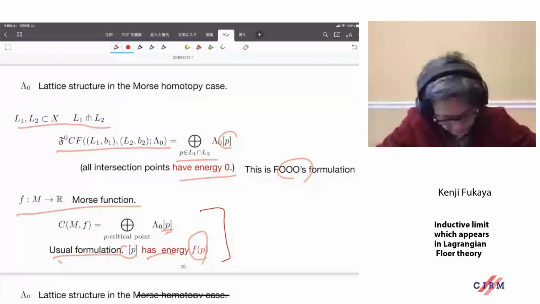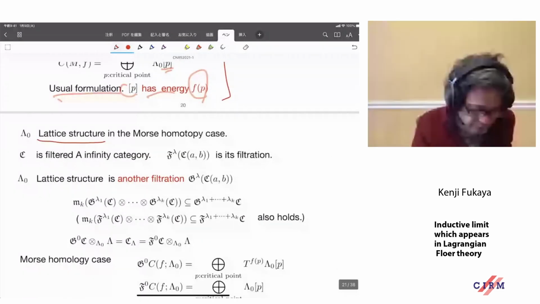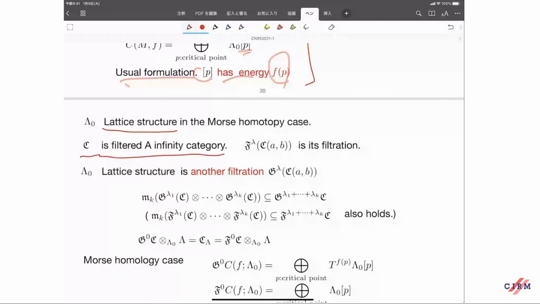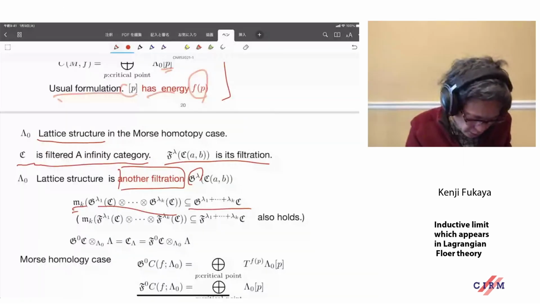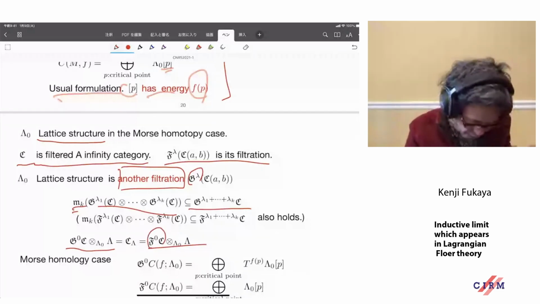So I just want to define the notion of lattice structure in a filtered infinity category. In a filtered infinity category, we have this energy filtration, so that all geometric generators have energy 0. But I want to introduce another filtration, which I want to call script G, so that all operations are preserved by the second filtration. And still, when you take this extension of the field from lambda 0 to lambda, for both generators, you get the same things.